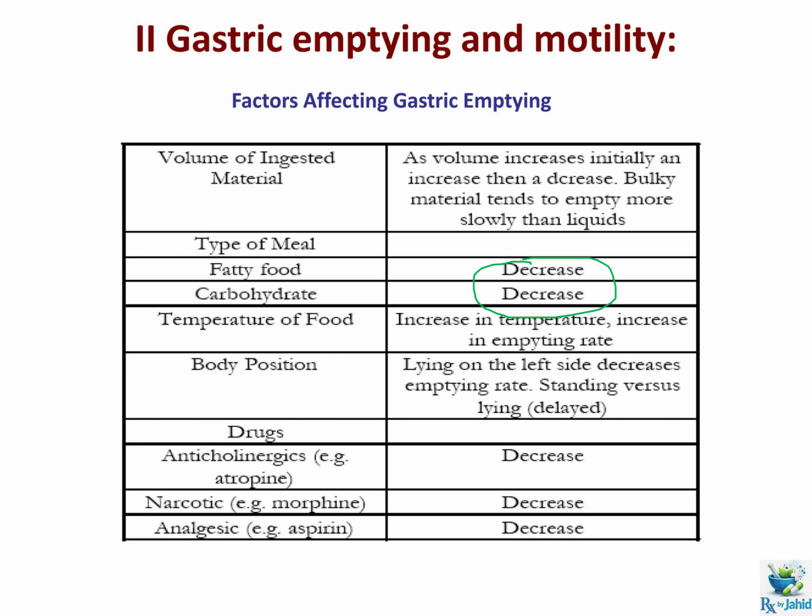Temperature of the food will increase the emptying rate, because any addition of temperature will increase any reaction. Then body position. If we lie on the left side, it will decrease the emptying rate because of the position. Then some anticholinergic, narcotic, and analgesic drugs will ultimately decrease absorption.